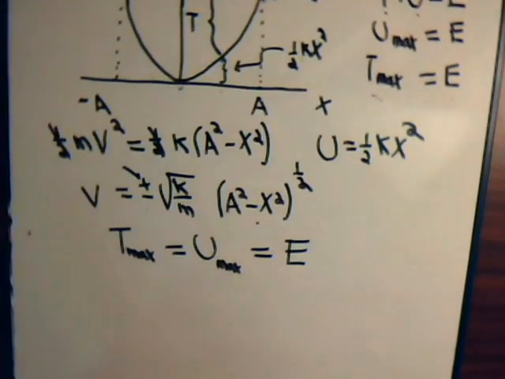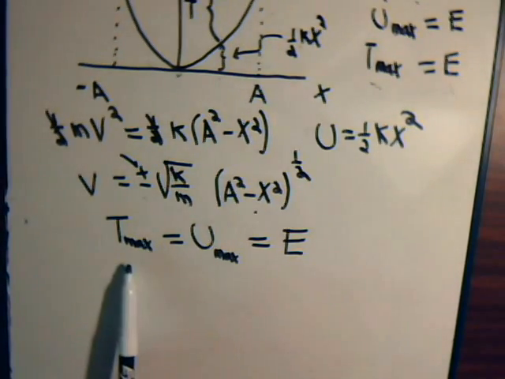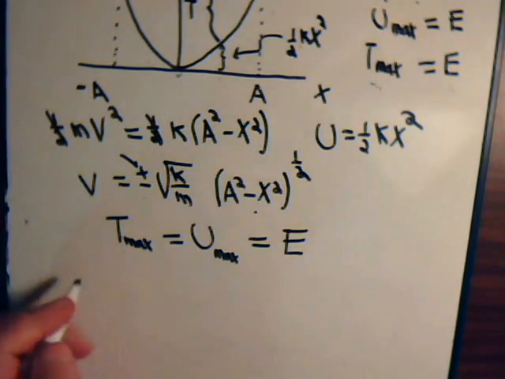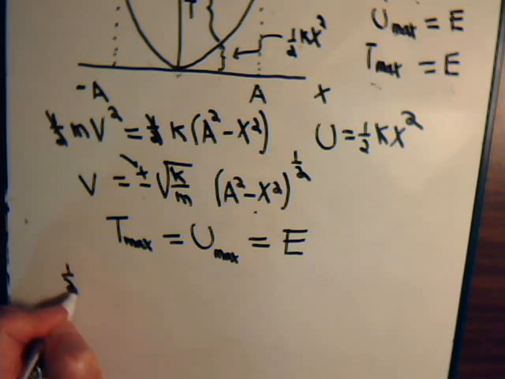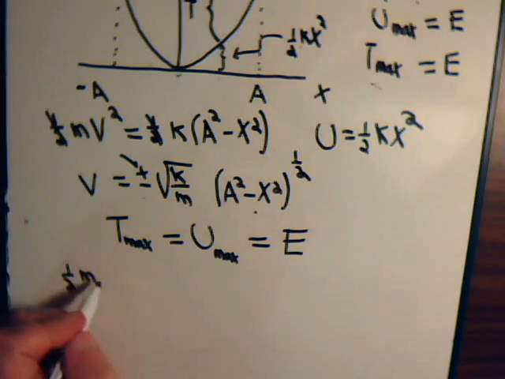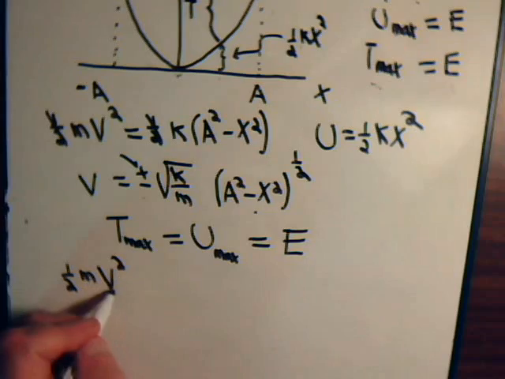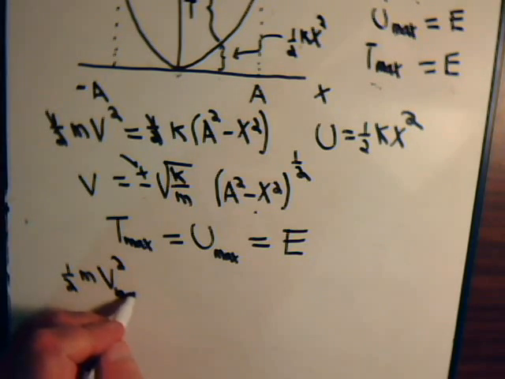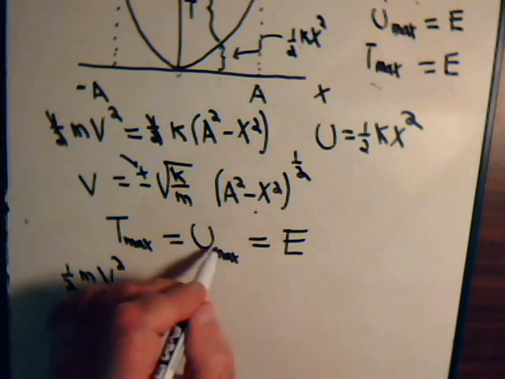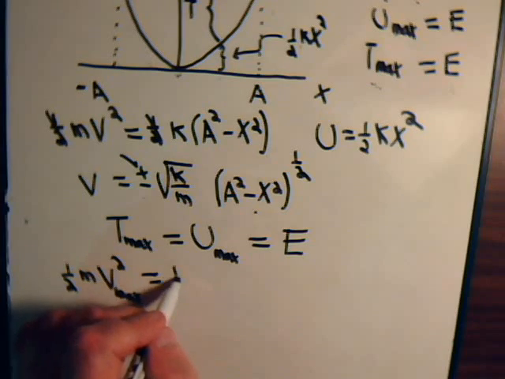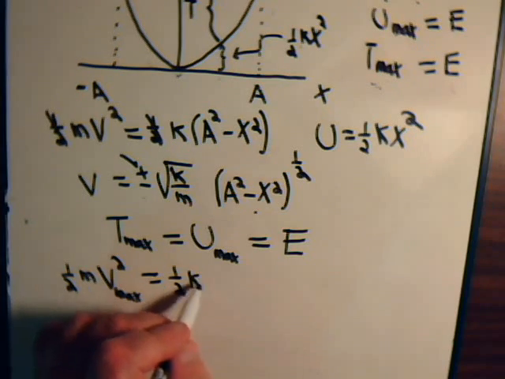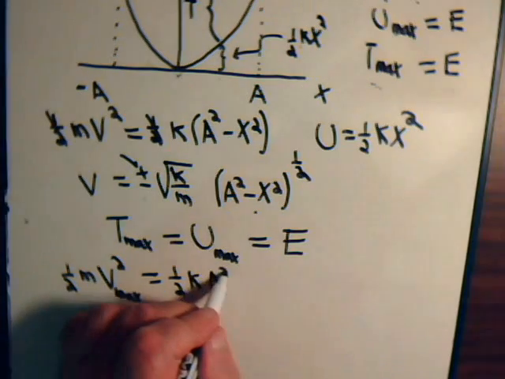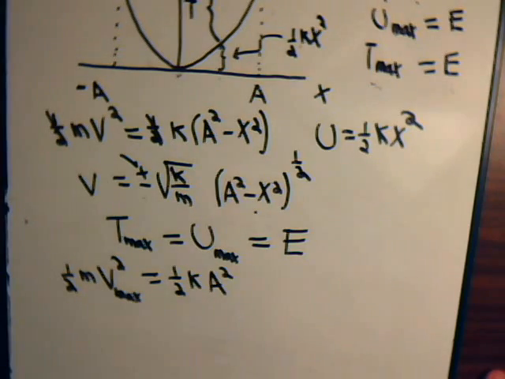So we have here then, and what is this? Well, this is 1/2 m v maximum squared. And what is this? Well, that's 1/2 k times a squared.